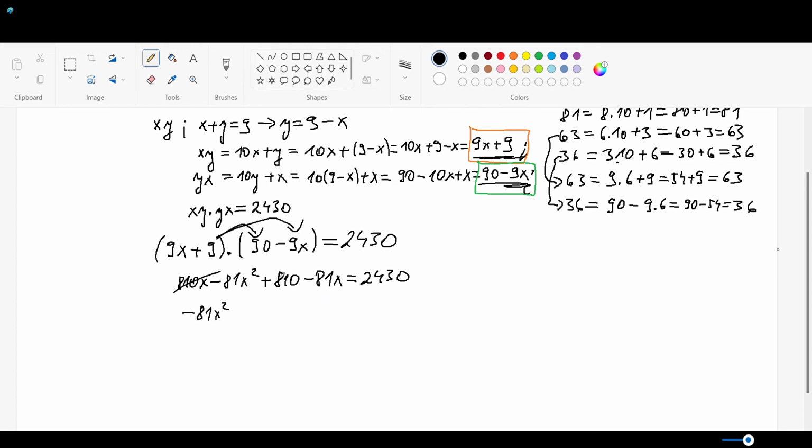And now 810 minus 81x becomes very hard to calculate by hand.